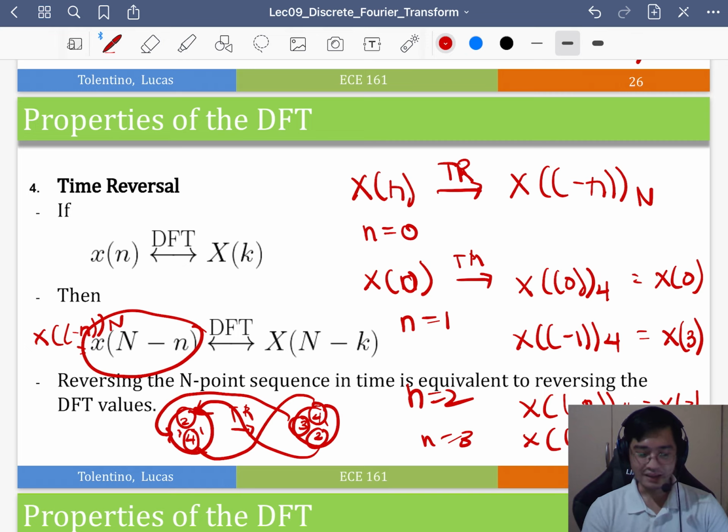So, if we get the DFT of the time reversed sequence, we also get the reversed version of the DFT.